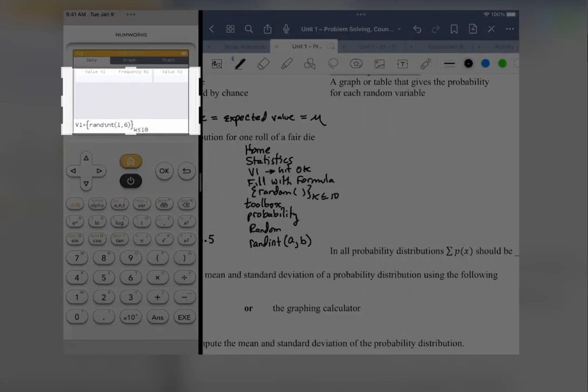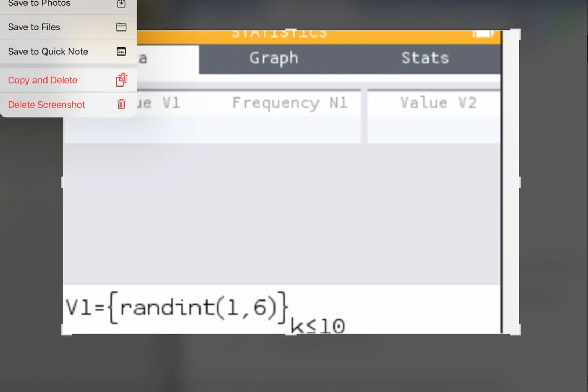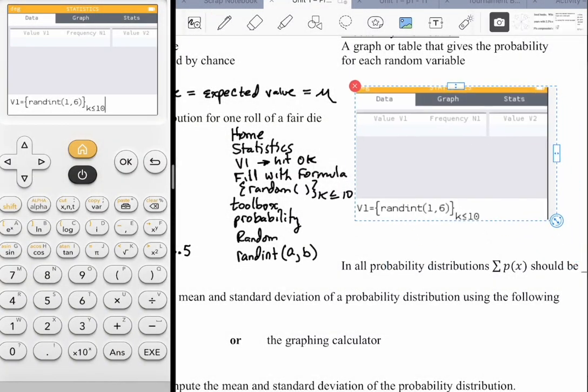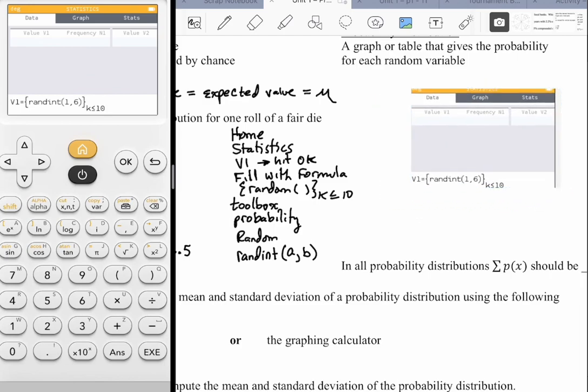All right, but like I said, I want to do this 100 times rather than 10 times, because it is kind of like a question of being practical. Would I really use this function if I just wanted to roll a die 10 times? Probably not. All right. I would just roll a die 10 times and see what happened.